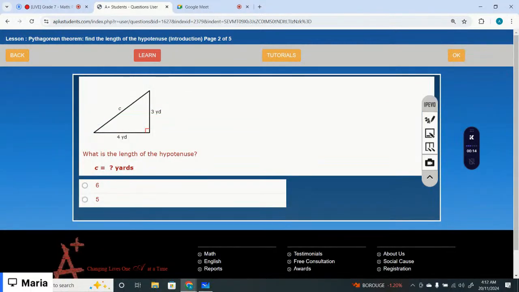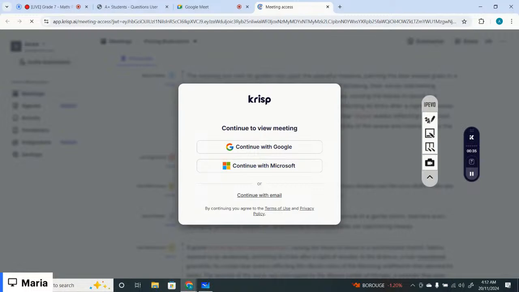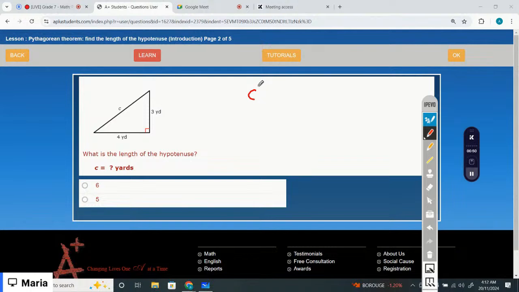Okay, the next one is what is the length of hypotenuse? Okay, so the length of the hypotenuse is, let's just evaluate the Pythagorean theorem, that is c square equals a square plus b square, so that is 3 square plus 4 square.